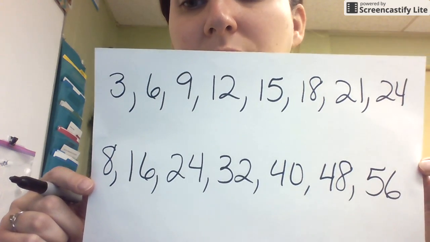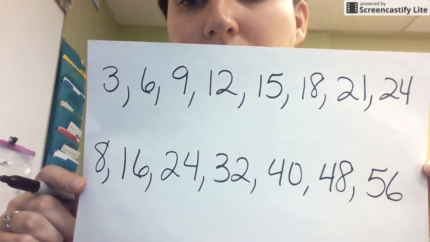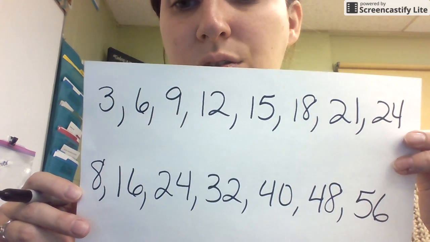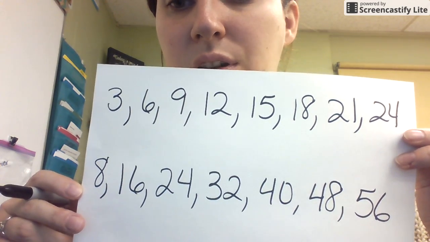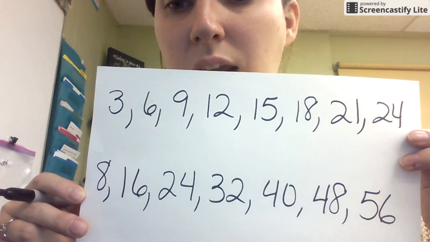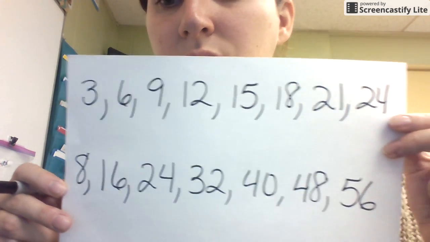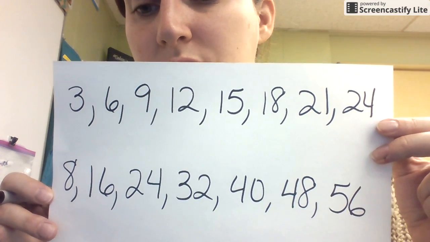Now we need to find the numbers that they have in common. Again, we've skip counted here. So we look: 3 and 8, not a match. 6 and 16, 9 and 24, 12 and 32, 15 and 40, 18 and 48, 21, 56. What numbers do you see that they have in common down their list?